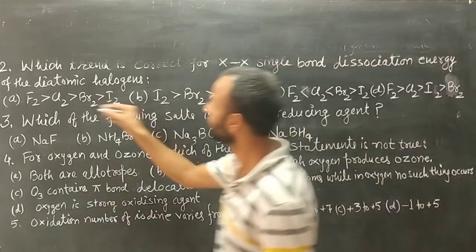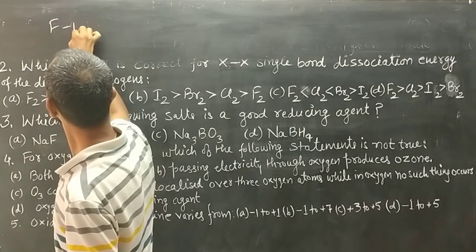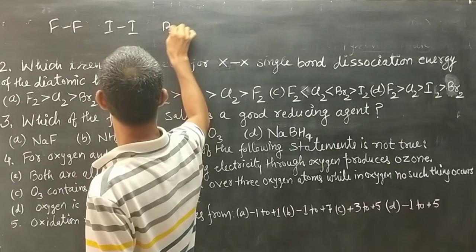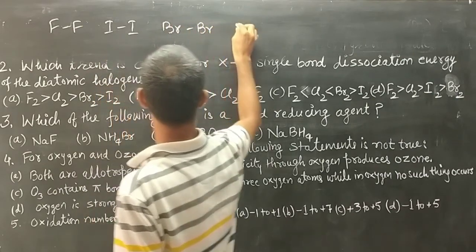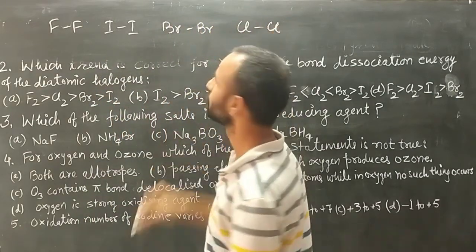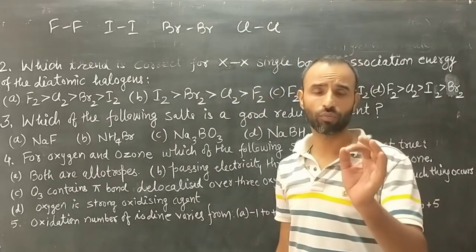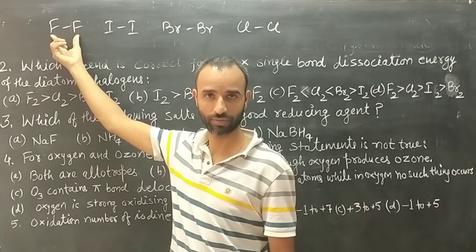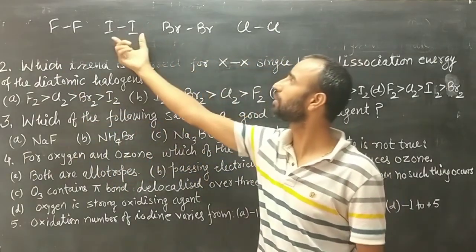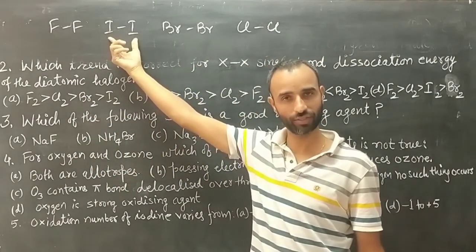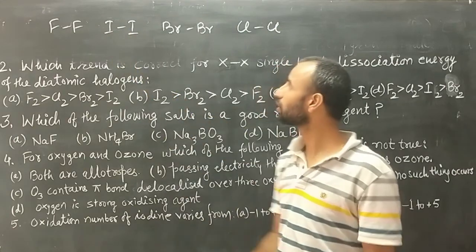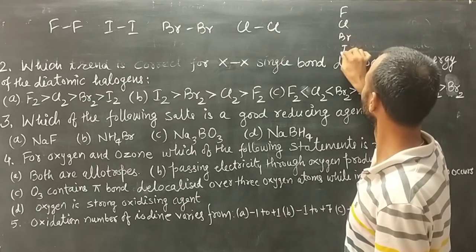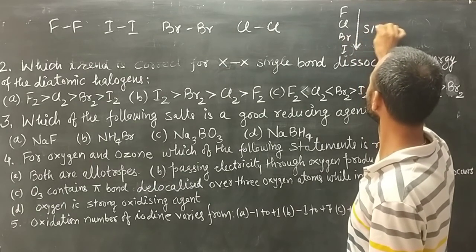So you know, in case of F-F, I-I, Br-Br, and Cl-Cl, if we talk about bond length, so you know, bond length is minimum in fluorine and maximum in iodine, right? Because you know, fluorine, chlorine, bromine, iodine, this is the trend of size.